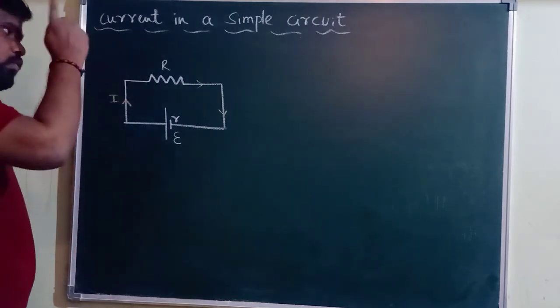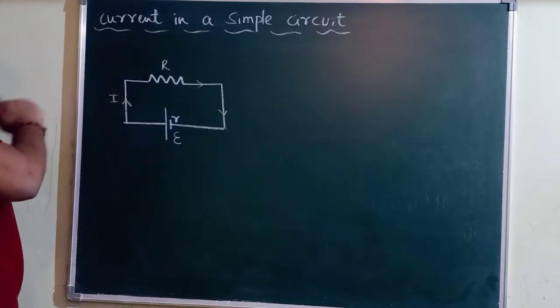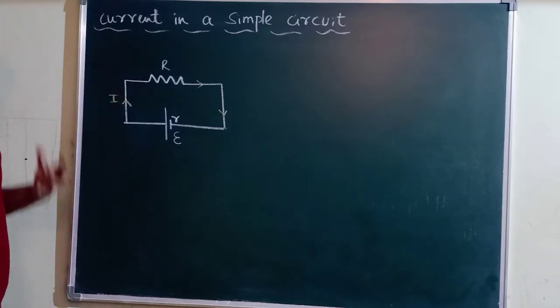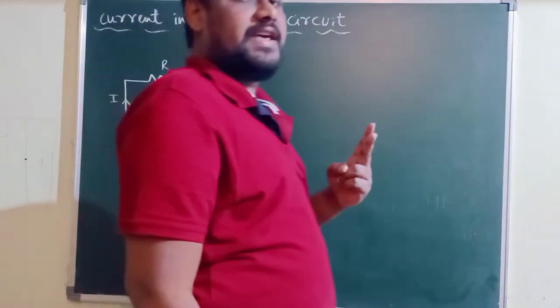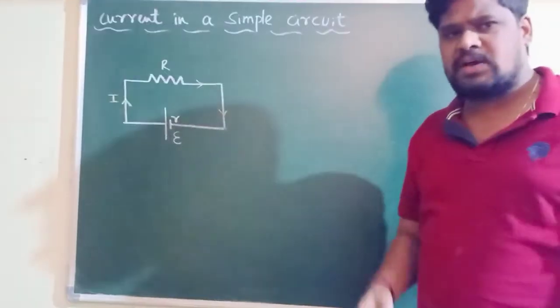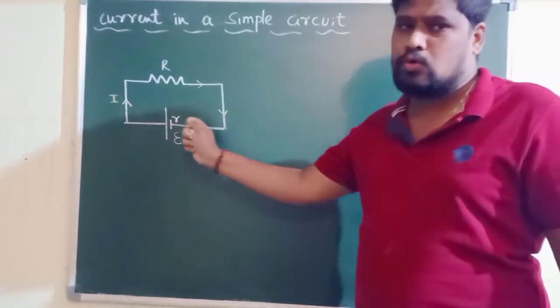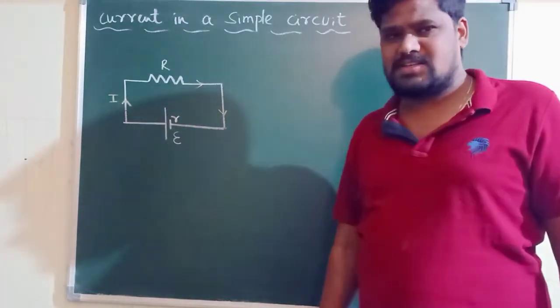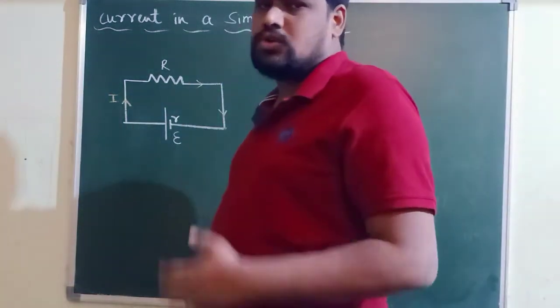There must be work done in order to overcome the external resistance. Therefore, the total energy supplied by the cell is utilized in two ways here. Some part of the energy is used to do work to overcome the internal resistance, and the remaining part is used to overcome the external resistance.